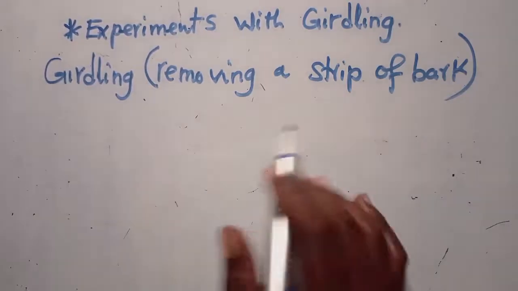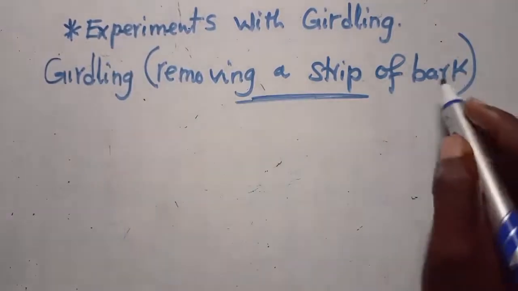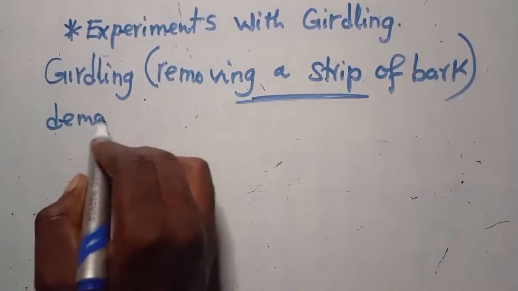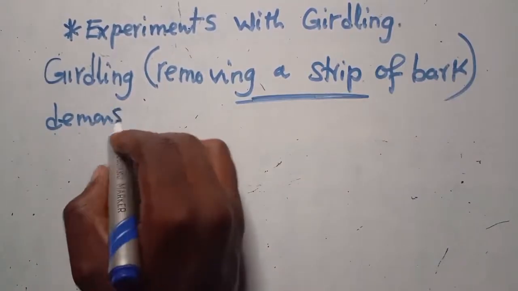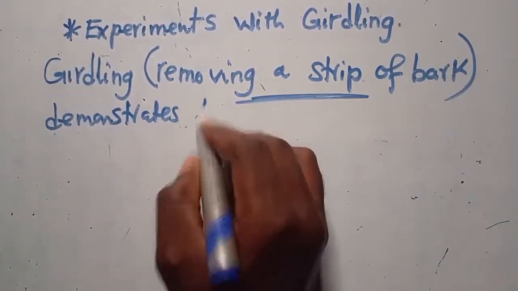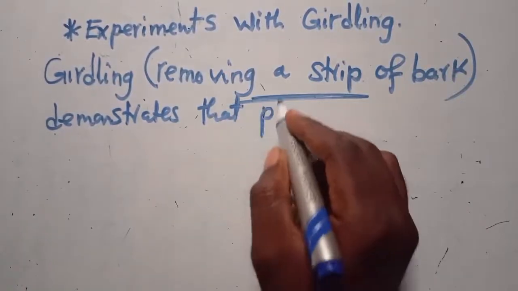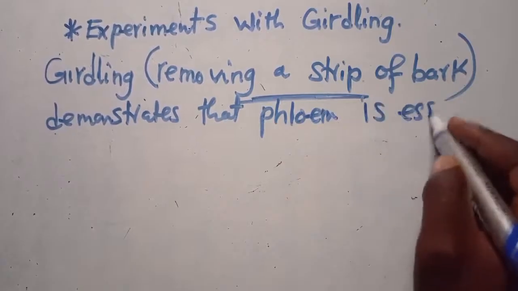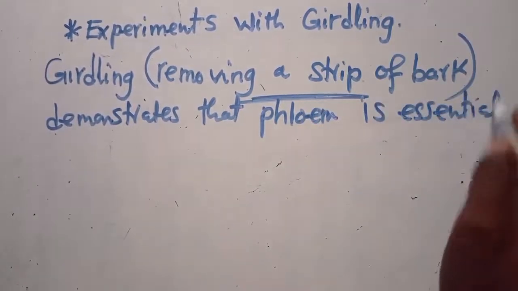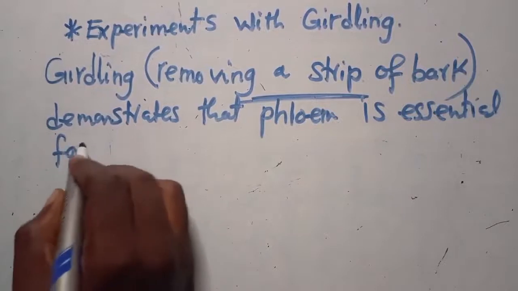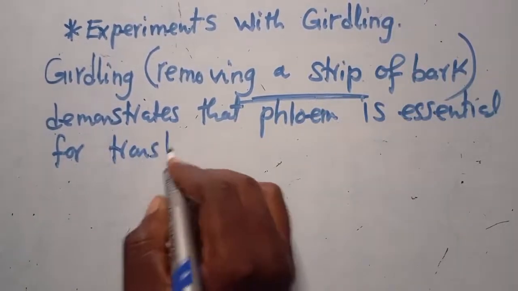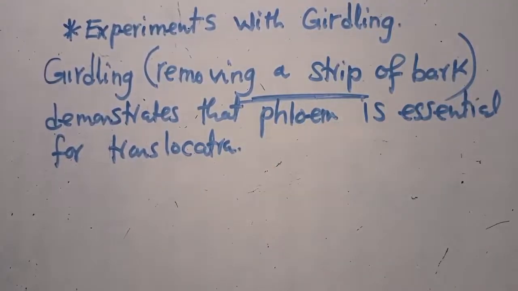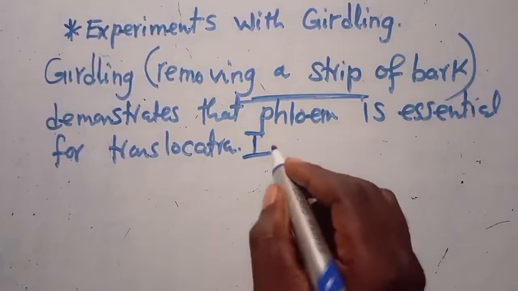So just this process, the removing of a strip of bark, demonstrates that phloem is what? It is essential for translocation.